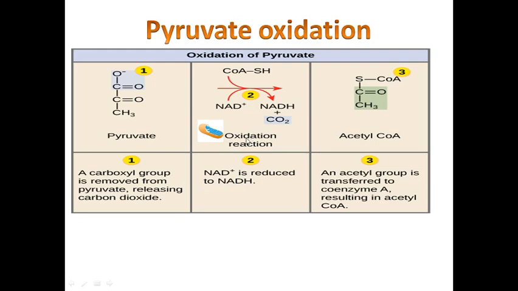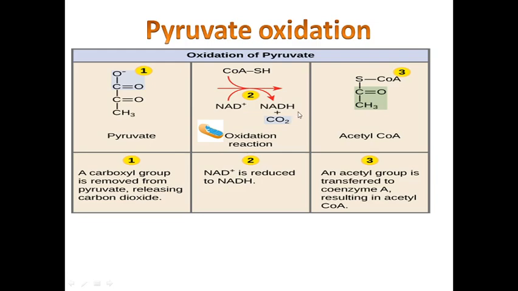Here an oxidation reaction takes place in the presence of coenzyme A. This is coenzyme A. During this process, 2 NADH are formed. NAD positive is reduced and NADH is formed, and 2 molecules of carbon dioxide are released.